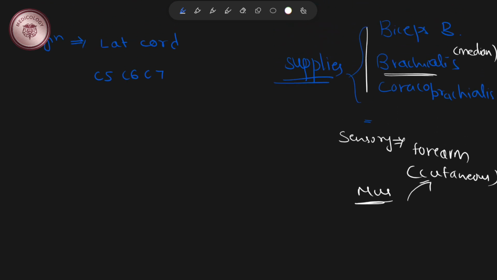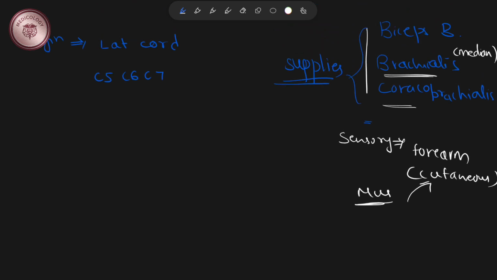Now, in the arm we have the coracobrachialis muscle. The nerve pierces the coracobrachialis and enters the arm. As said, the medial part of the brachialis is supplied by the musculocutaneous nerve, and the lateral part is supplied by the radial nerve.